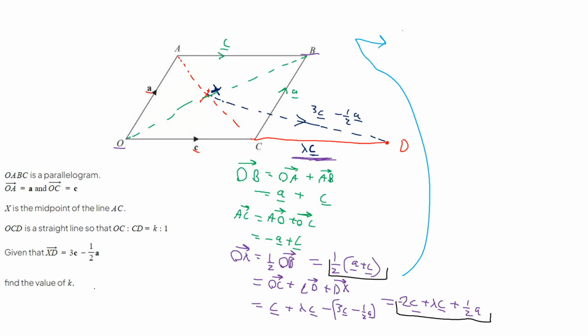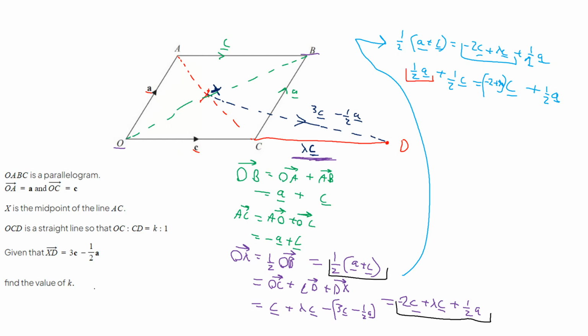We can say that a half times (A plus C) is equal to minus 2C plus lambda C plus a half A, right? And so what we're left with is a half A plus a half C is equal to, and I'm going to factorize this part out to make C on its own, (minus 2 plus lambda) C plus a half A. And now we can compare the coefficients.